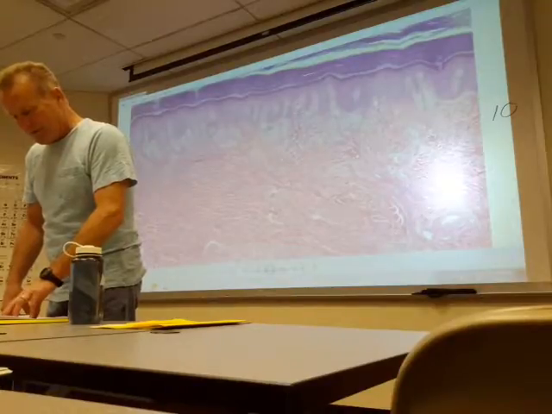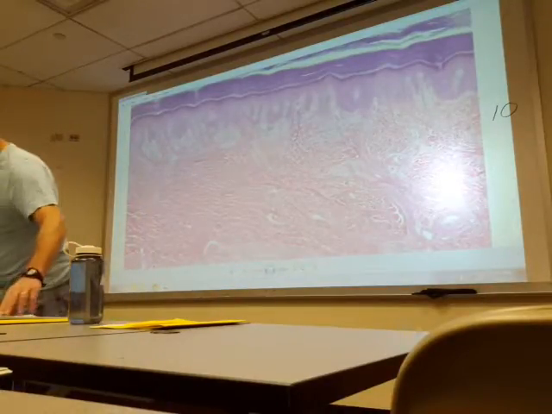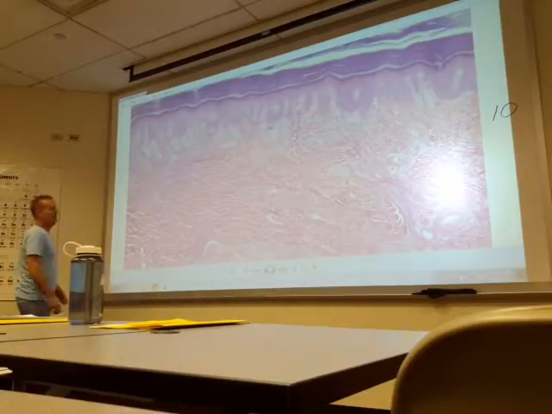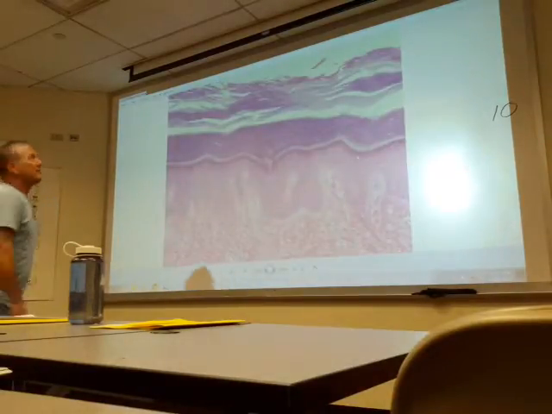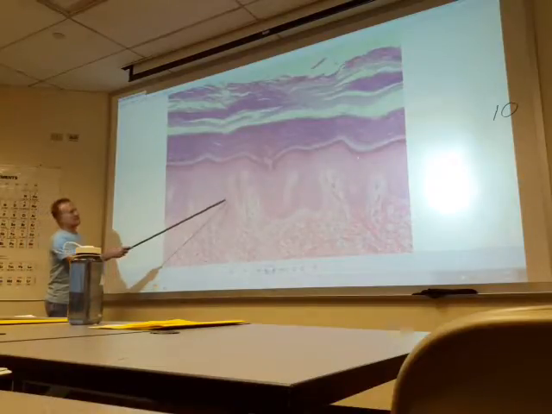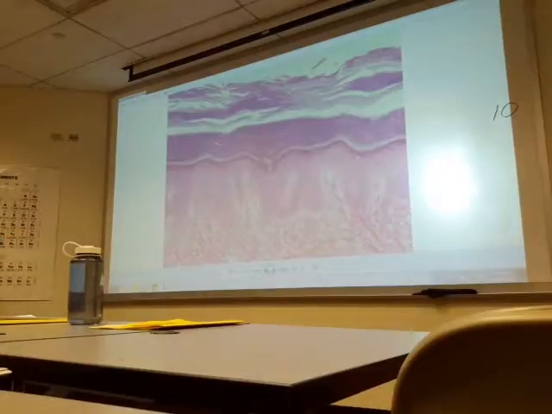All right, some interesting words. I'm looking at letter A, the superficial aspect of the dermis. Where the dermis and the epidermis come together, in other words, this interface, I've said several times now, it's like interlocking fingers, but everything has to have a name.